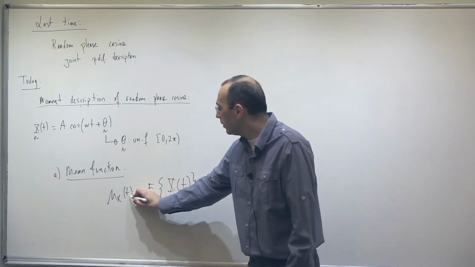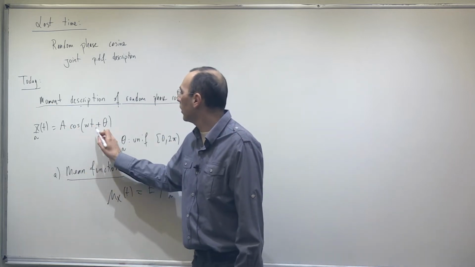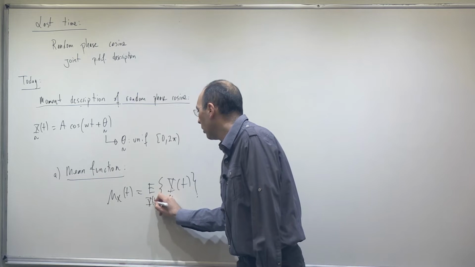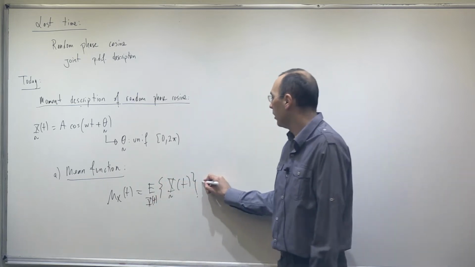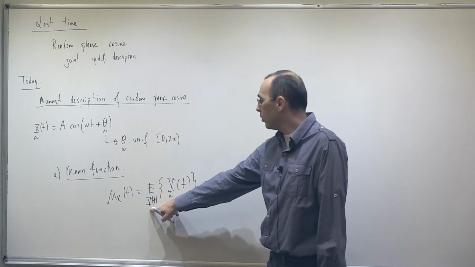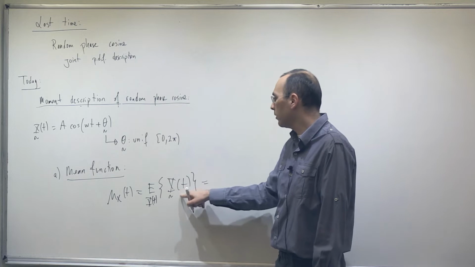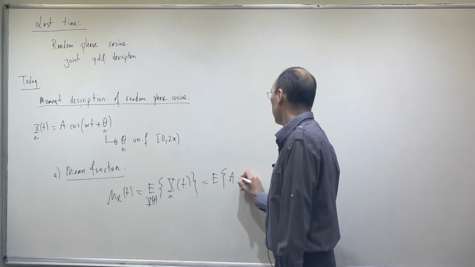If you want, I can write t1 over here just to emphasize it. If you evaluate it at a specific time, this becomes a random variable. Then you are taking the expected value over that random variable, x of t1. We have found the density of x of t1, and even the joint density of x of t1 and t2. But right now I only want to calculate the mean of it.